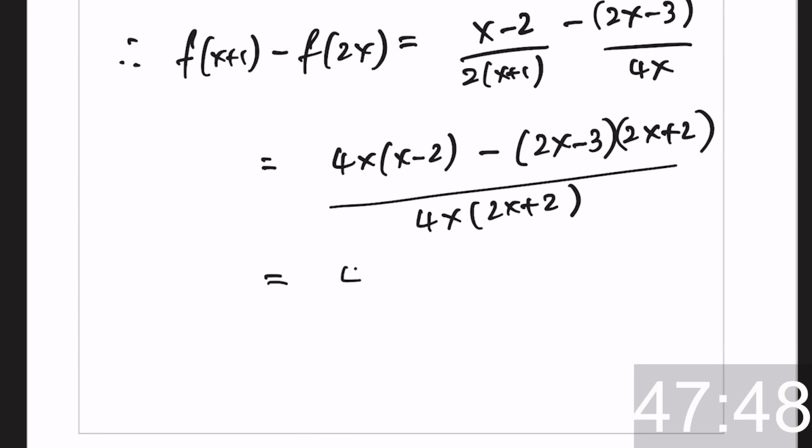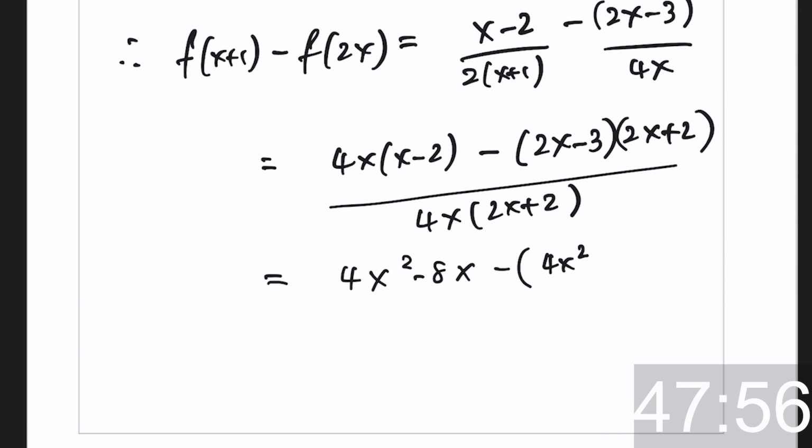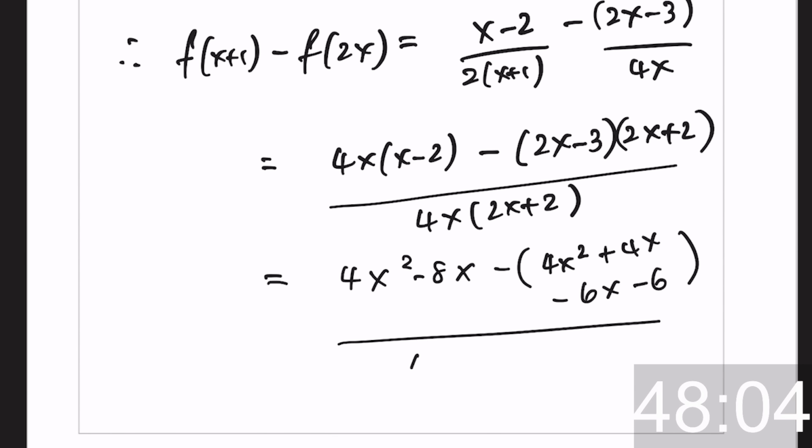So 4x squared minus 8x minus 4x squared, nice, 4x squared plus 4x minus 6x minus 6, all divided by 4x times 2x plus 2. Okay, so what are we going to cancel then? So 4x squared minus 4x squared.